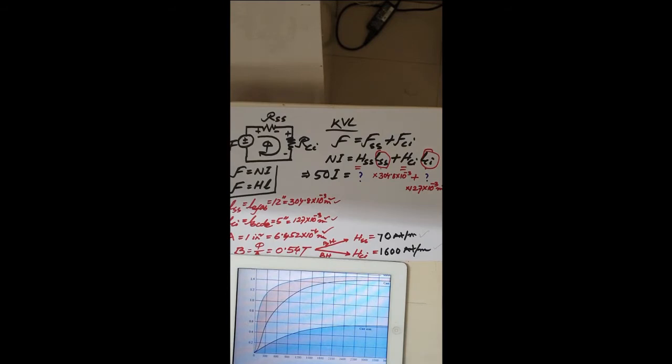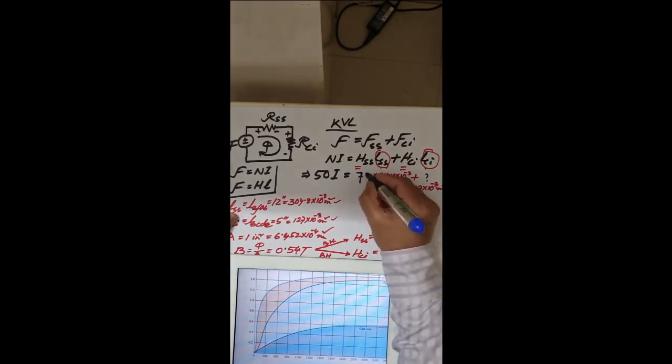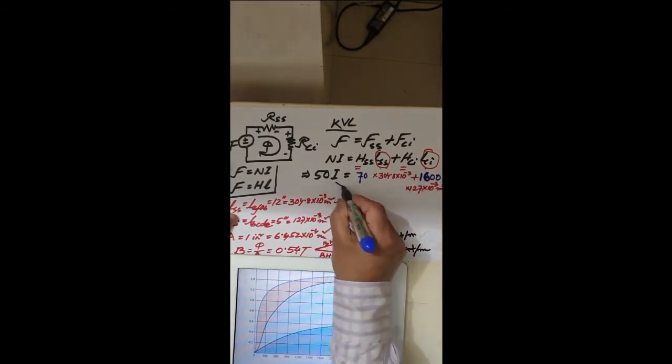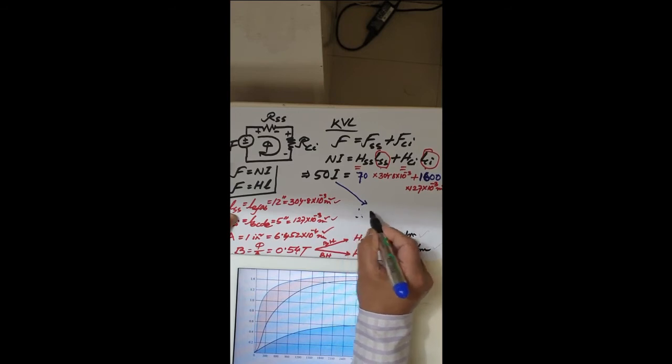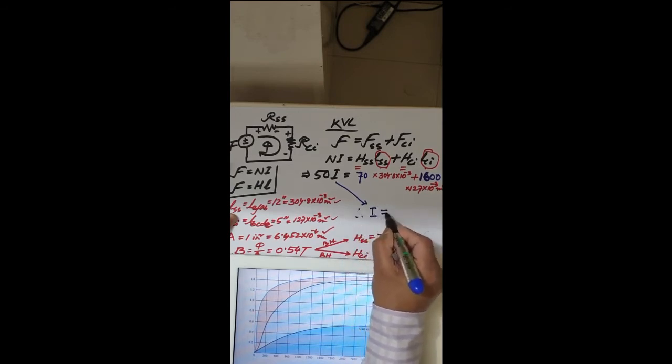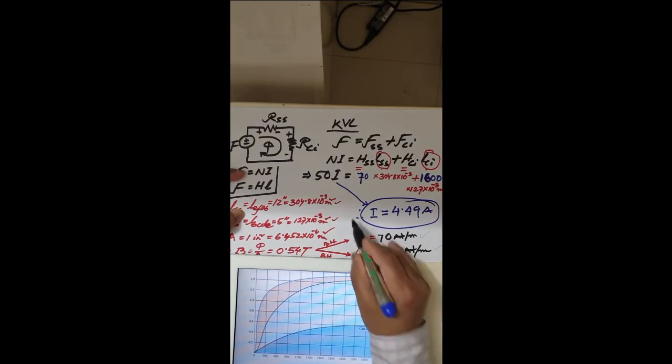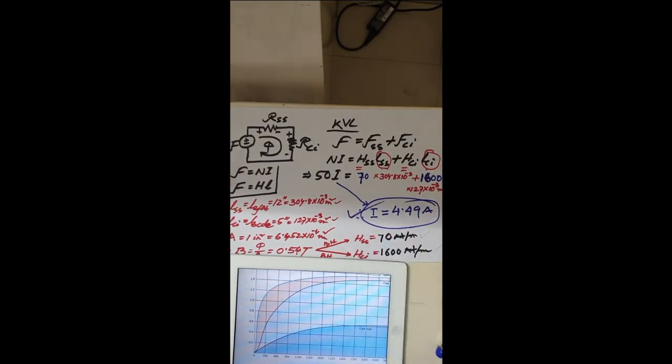Now we can substitute these two values over here, 1600 and 70, and from this equation you can find the value of I, which will give you straight away 4.49 ampere. So that's the solution to this problem.